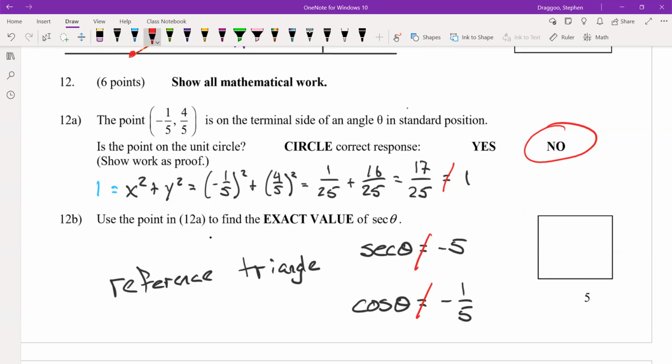The identities we're using, that cosine is the x value, sine is the y value, only work if our point is on the unit circle. We saw previously the point wasn't on the unit circle, so our identities for x equals cosine theta, y equals sine theta don't work in this case. So we'll need a reference triangle to solve it instead, and I'll save that for later.